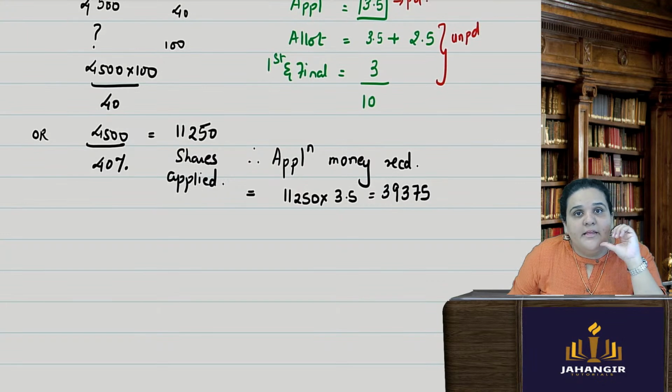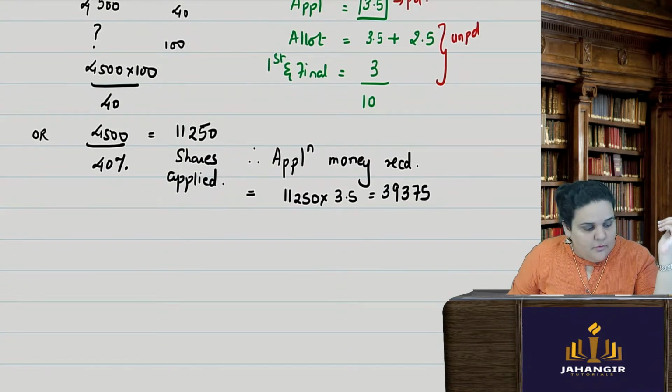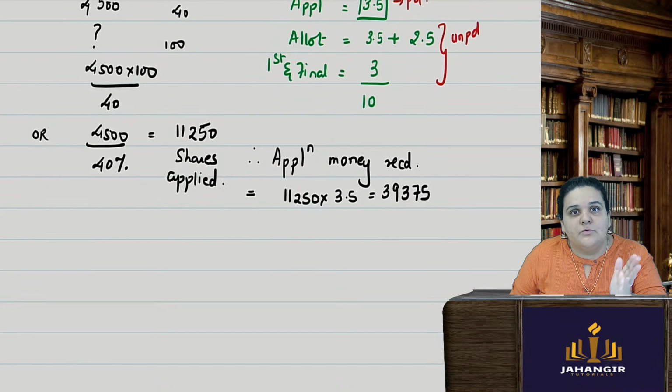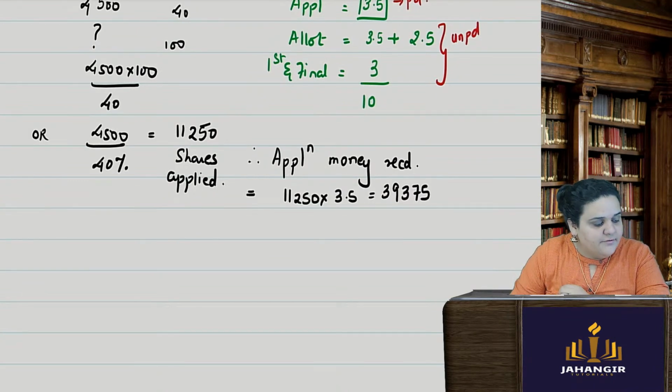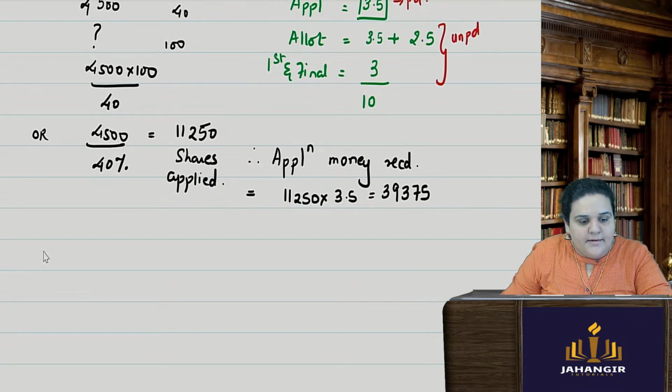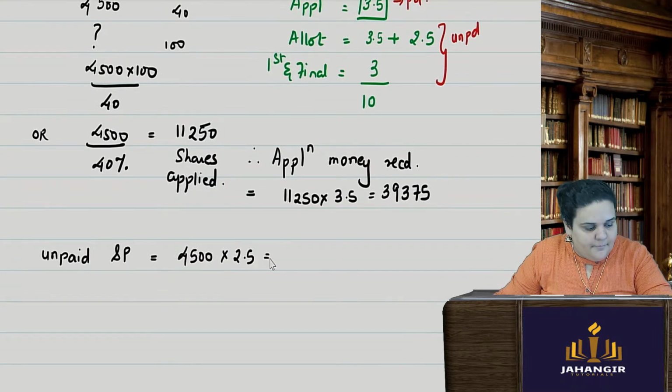They are telling me that if the excess money which is received is adjusted to the unpaid securities premium, what will be the amount to be transferred to the share forfeiture account. Now, unpaid securities premium is, on 4,500 shares, the securities premium is 2.5, that means 11,250 is the unpaid amount of securities premium.